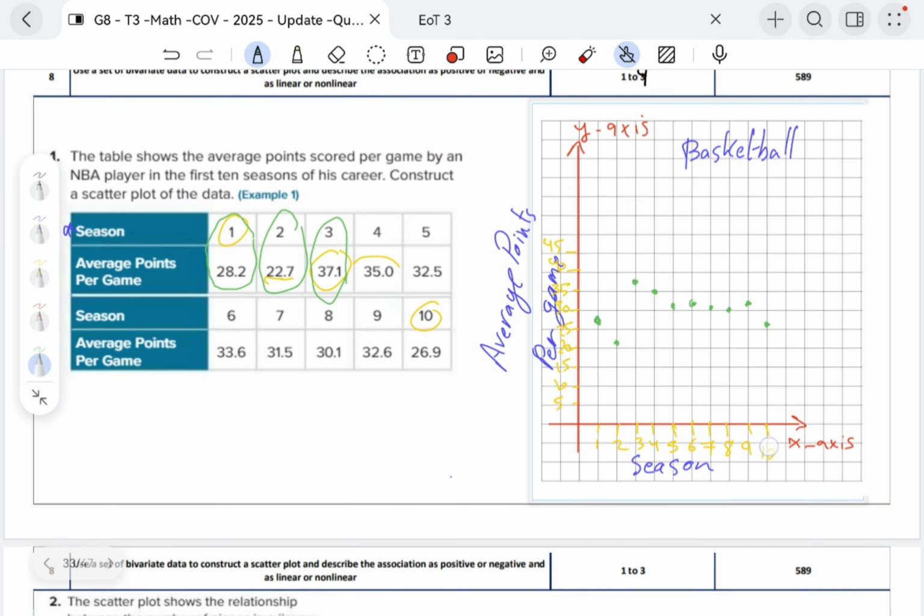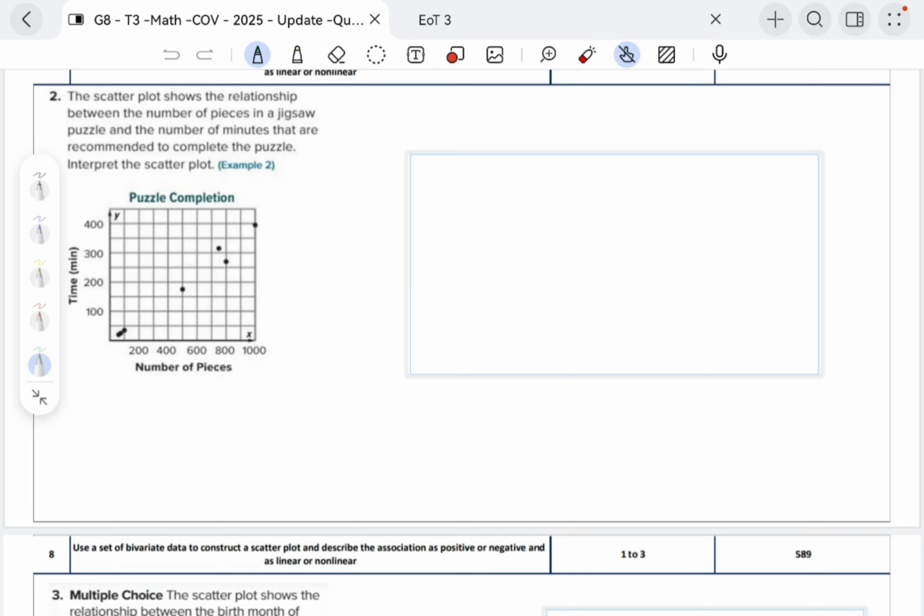Okay, now let's go for the second question. It says that the scatter plot shows the relationship between the number of pieces in a jigsaw puzzle and the number of minutes that are recommended to complete the puzzle. Interpret the scatter plot.